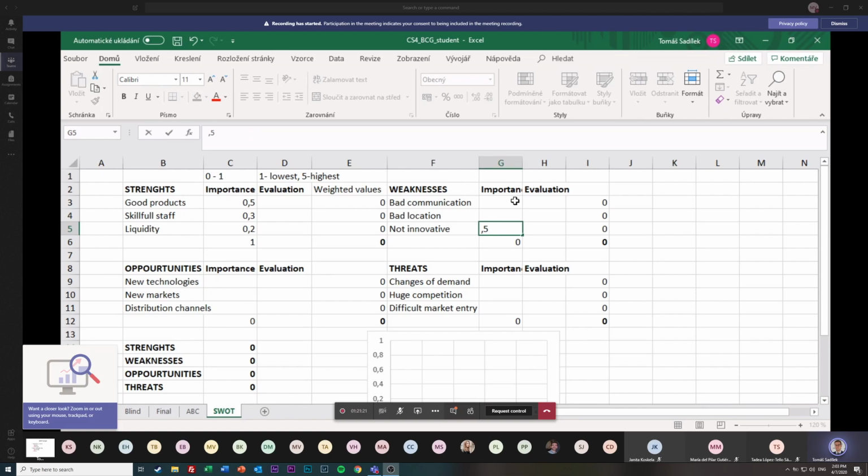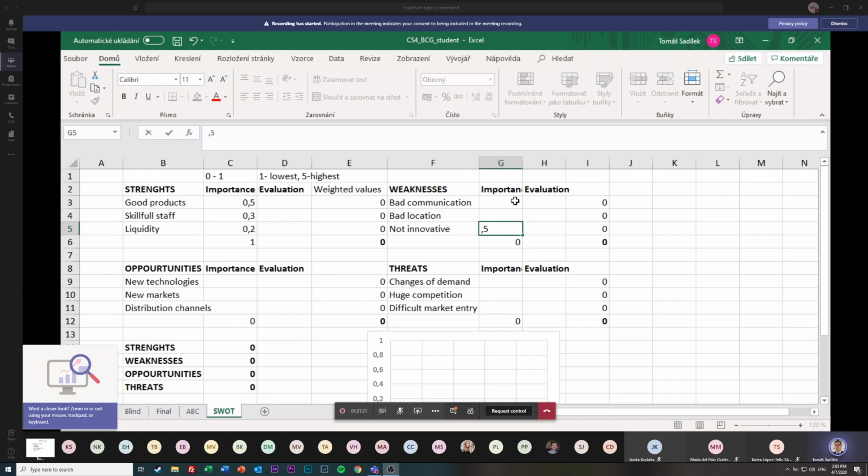It's just my idea. You can do this in a different way. It's up to you. For opportunities, the biggest opportunity could be a new technology, then 0.3 and so on. For threats, you can distribute the values on your own.